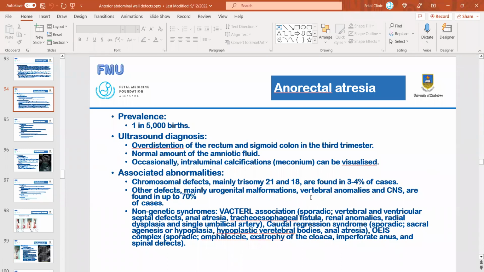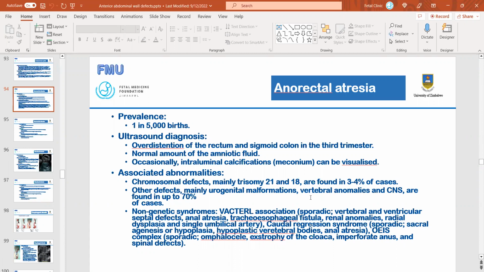Sometimes you may have a non-genetic syndrome like VACTERL. The VACTERL association is normally sporadic. We have the vertebral anomalies, the ventricular septal defect, the atresia and tracheoesophageal fistula, and renal anomalies and radial dysplasia and single umbilical artery. This is what we see with VACTERL.